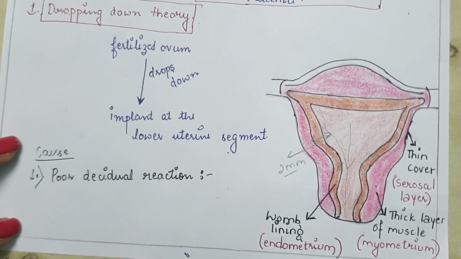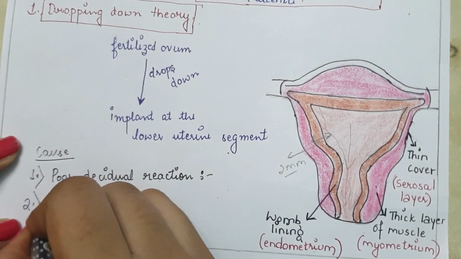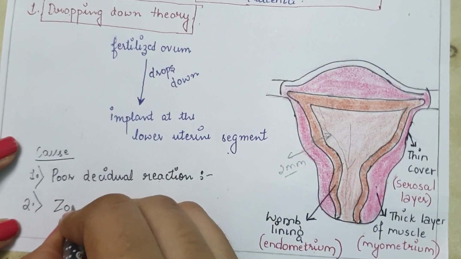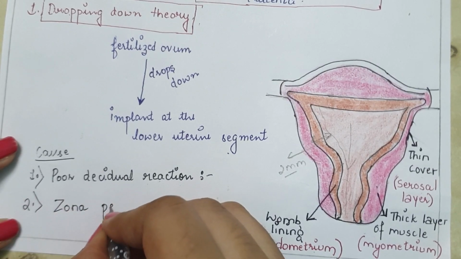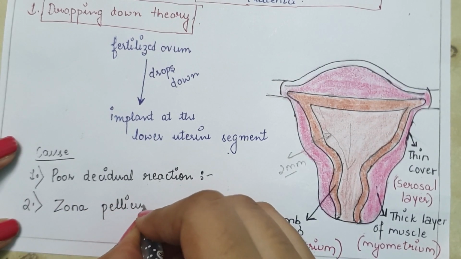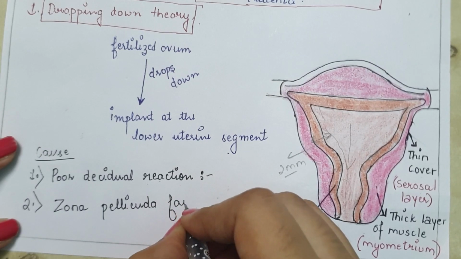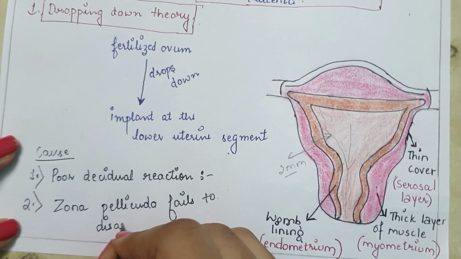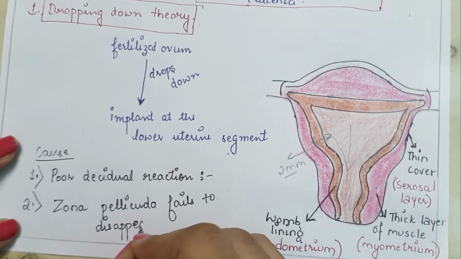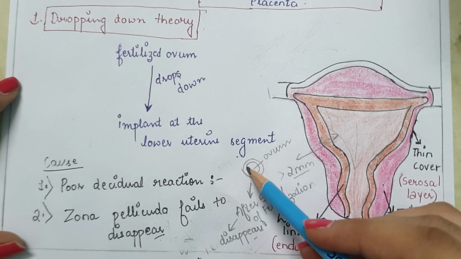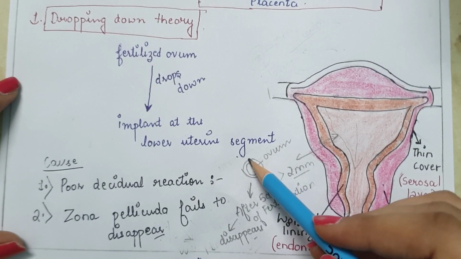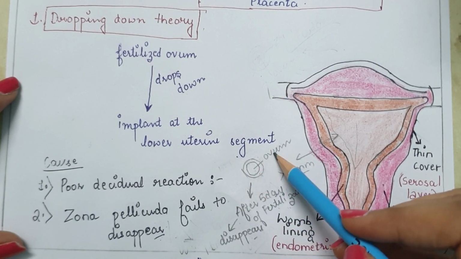The second cause in the dropping down theory is the zona pellucida fails to disappear. Zona pellucida is a layer around the unfertilized ovum. This is an unfertilized ovum and this is the zona pellucida around the ovum.